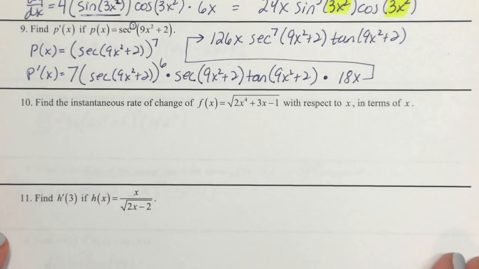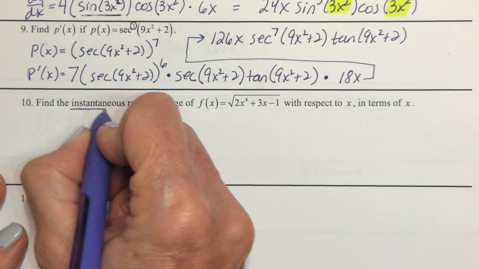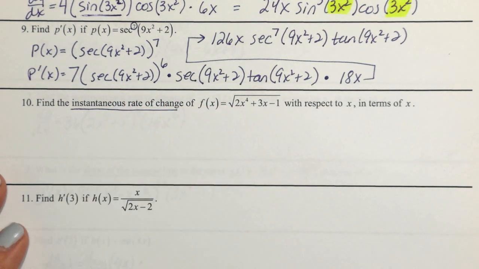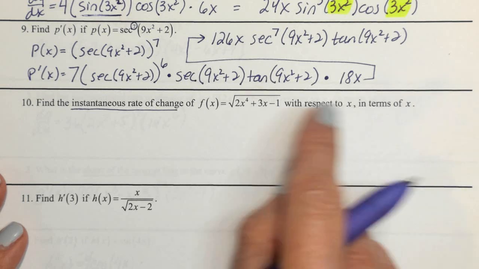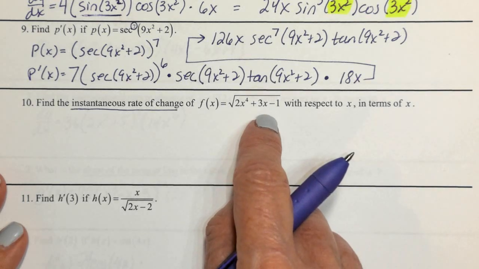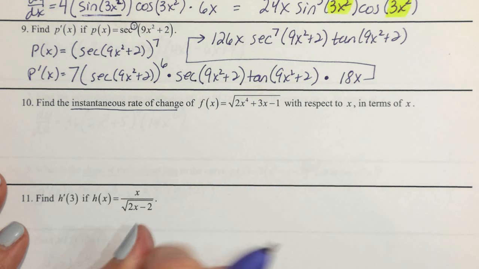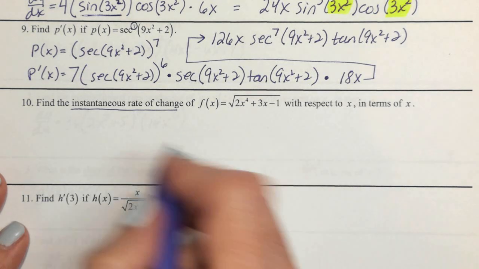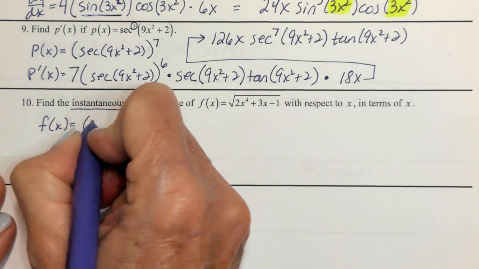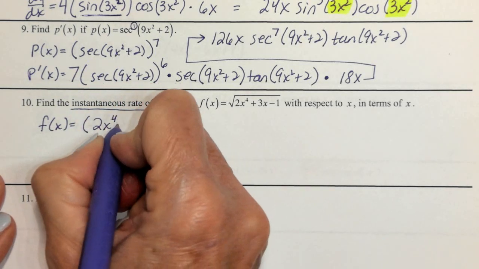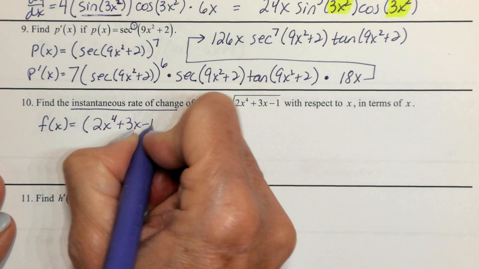All right, number 10. Find the instantaneous rate of change, IROC, derivative, of this with respect to x in terms of x. Okay, well, I see a power. What is the power? The power is 1/2. I'm going to rewrite this so that it is very obvious to you guys that this is a power of 1/2.